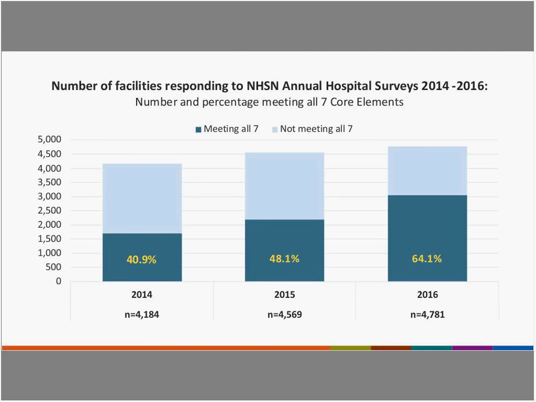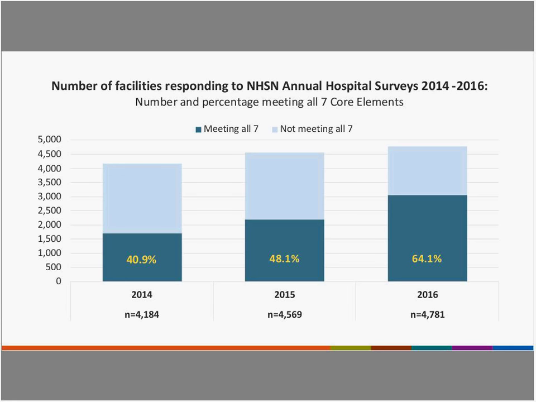This graph just summarizes the changes that we've seen over time, and you can see the first time we did this survey in 2014, about 41% of all the acute care hospitals reported that they had all 7 of the core elements in place, and in 2016 that had gone up to 64%. So we are making some, I think, big strides in implementation of the CDC core elements in our acute care hospitals.